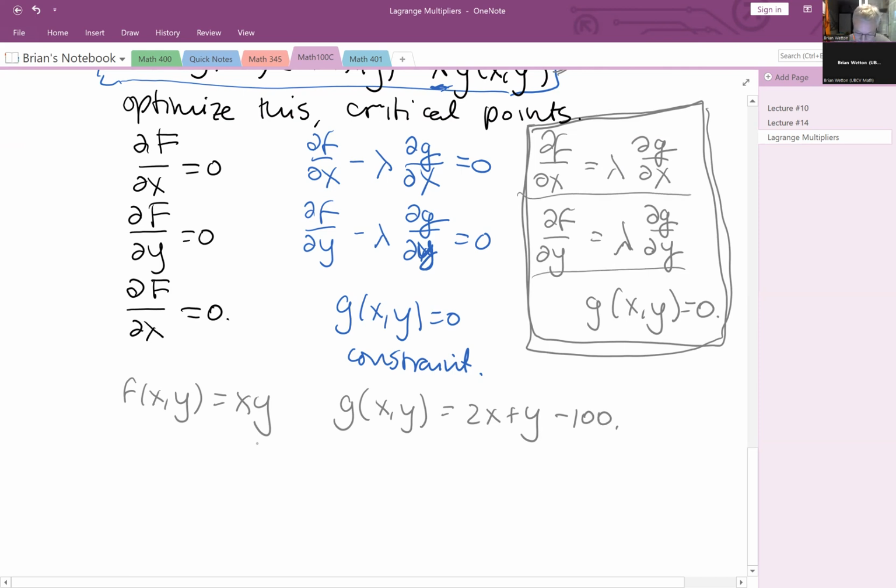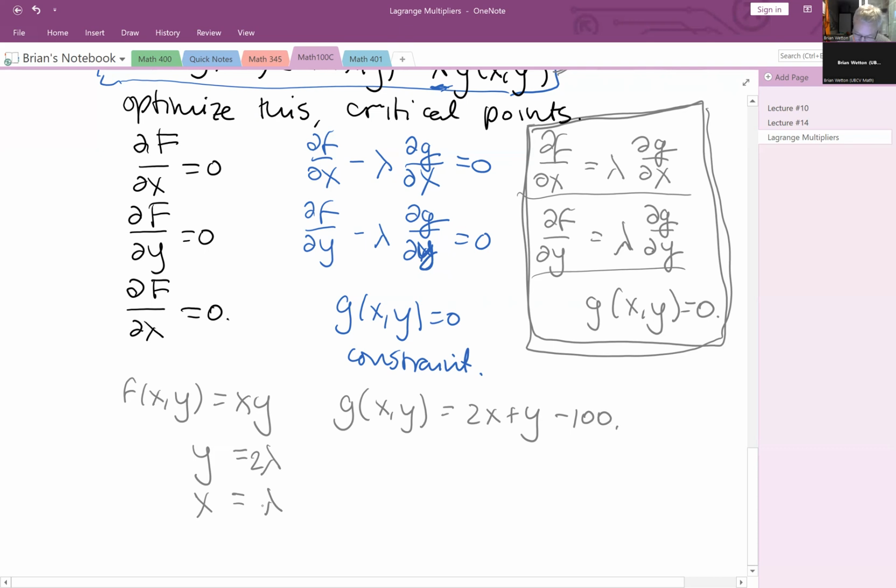I'm going to take the partial derivative with respect to x, I'll get y. And over here, I'll get lambda times the partial derivative of this with respect to x, which gives me a factor of 2. Then the partial derivative with respect to y gives me an x, and then lambda times 1.